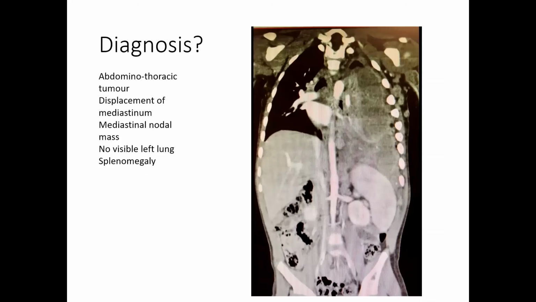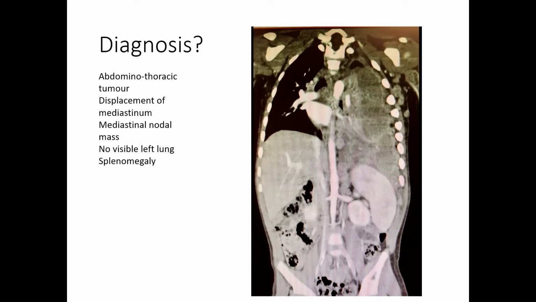Now, this X-ray was sent to me by colleagues in Pietermaritzburg, who had this child present to them, and they sent it down to me and said, "What do you think?" Well, I looked at this, and in my defence, I have to say I was looking at it on a mobile phone. But you can see that the left chest is full of tumour, that it's extending either from the chest into the abdomen or from the abdomen into the chest.